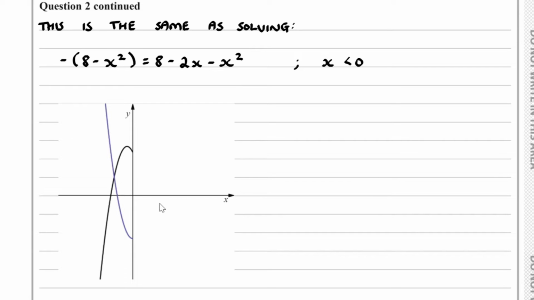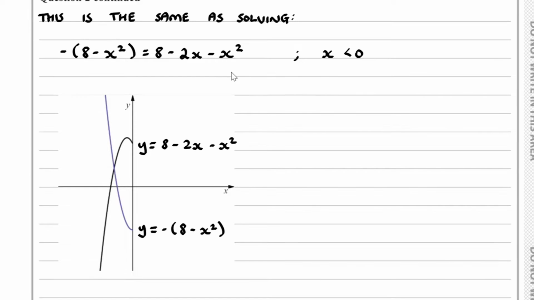So here I've got a graphical representation of what's going on. We've got the graph here of y equals negative 8 minus x squared, and here we've got the graph of y equals 8 minus 2x minus x squared. So with that graphical representation, what we need to do is solve this equation.